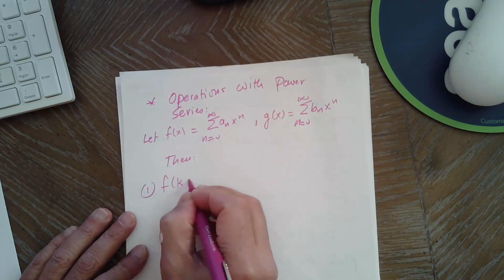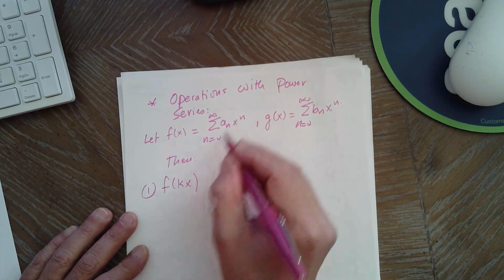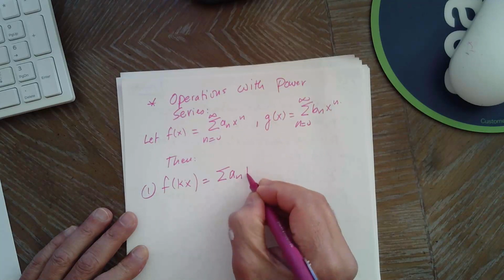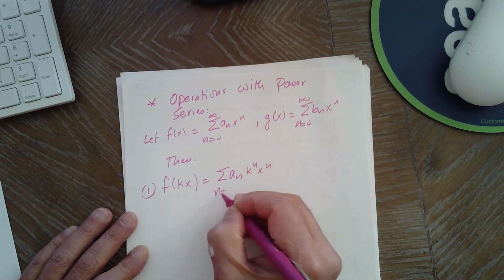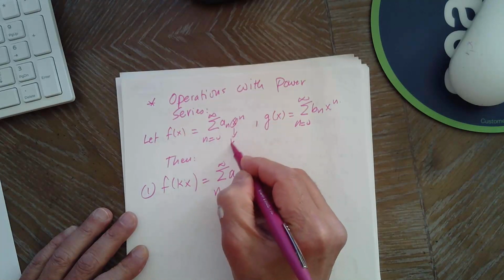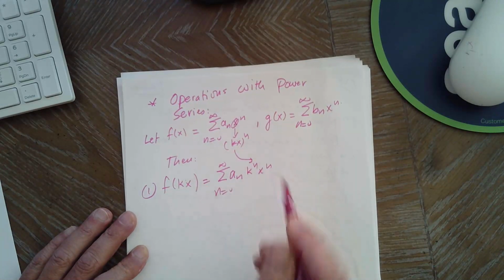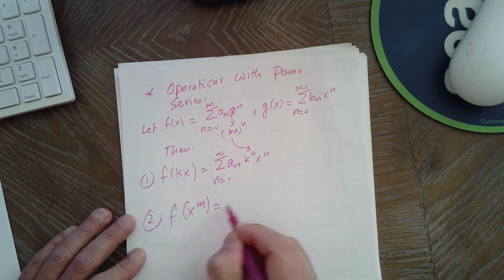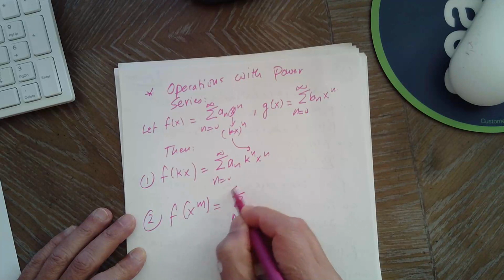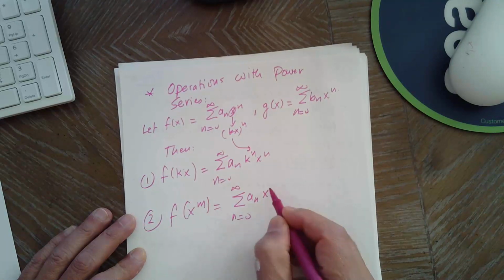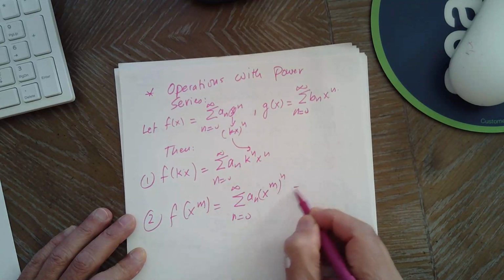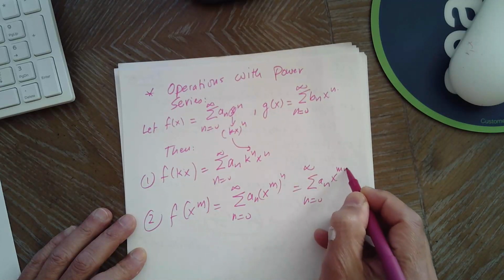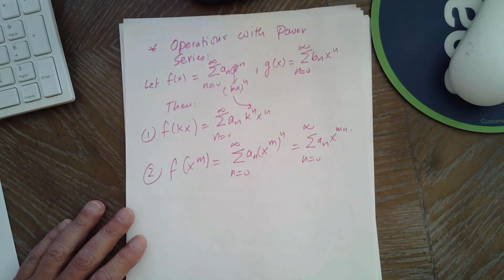F of kx, if you want to put kx in there, then the kx has to be in there. So sigma a n k to the n x to the n, n equals 0 to infinity. You put a kx to the power n, and it's going to give you this. And f of x to the m, it's the same thing, n equals 0 to infinity a n x to the m to the n, which is sigma n equals 0 to infinity a n x to the m n, power to power rule for exponents.